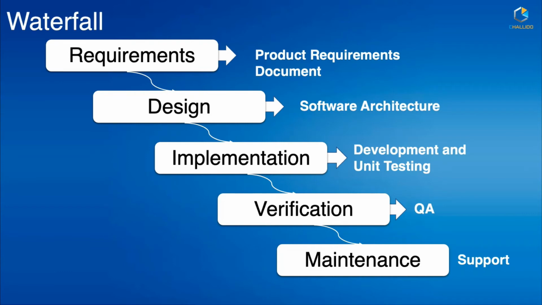Now, in the case of Waterfall, it is one stage after the next. You cannot directly jump from requirements to implementation. You need to go through the design phase, and each phase will probably take months or weeks. And then, typically what happens in Waterfall is you start with requirement ABC.